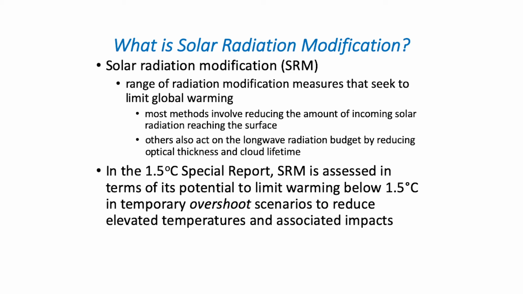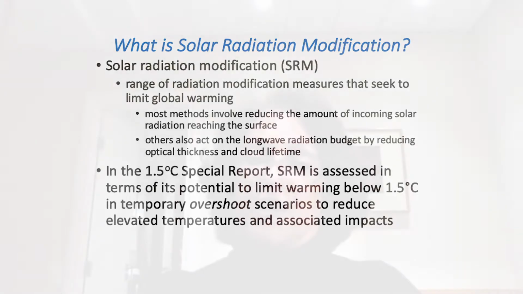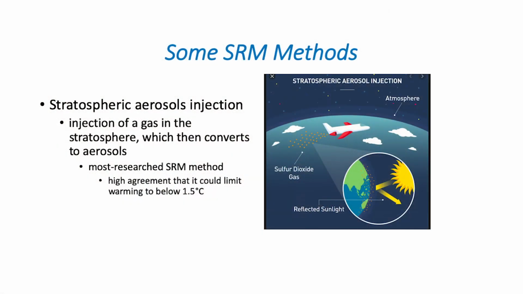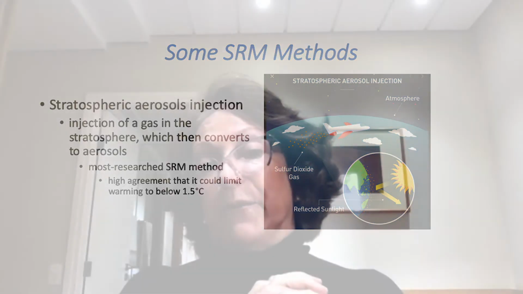In the report, solar radiation modification was assessed in terms of its potential to help reduce the elevated temperatures and associated impacts. The most researched solar radiation modification method is the stratospheric aerosols injection, which involves injecting a gas in the stratosphere, which then converts to aerosols that reflect more radiation back to space, causing less radiation to be absorbed by the Earth's surface, thus producing a cooling effect like that observed after strong explosive volcanic eruptions.